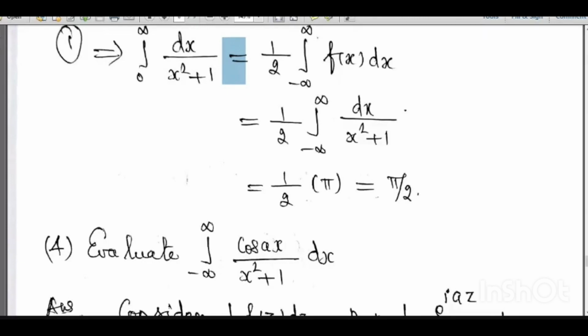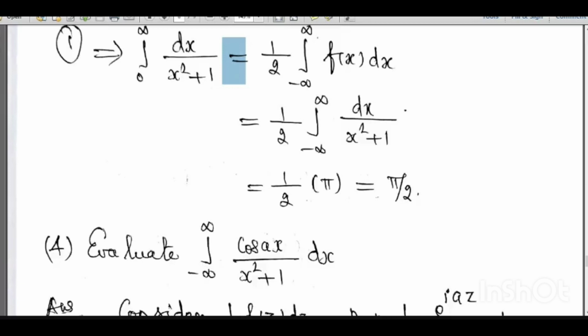So first you have to find the value of the integral from minus infinity to plus infinity of f of x dx. After finding that value, if you multiply the final result by 1 by 2, you will get the value of the integral from 0 to infinity of f of x dx. This is very important.